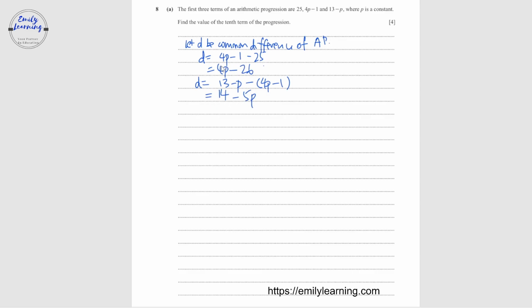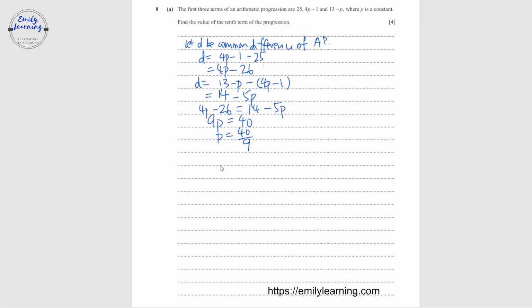Now I know these two are the same, right? Because for an AP, the difference is common. So the 4P minus 26 must be equal to 14 minus 5P. So therefore, I know that 9P is equal to 40 and P is equal to 40 over 9.